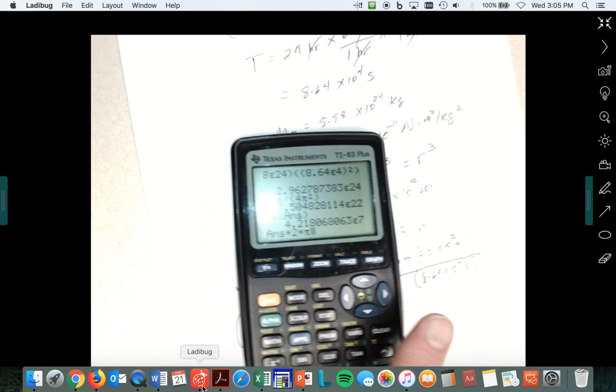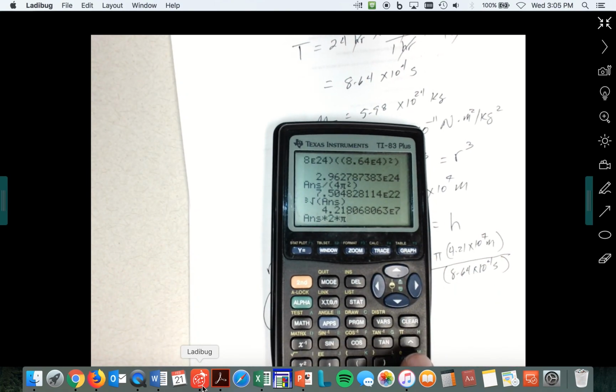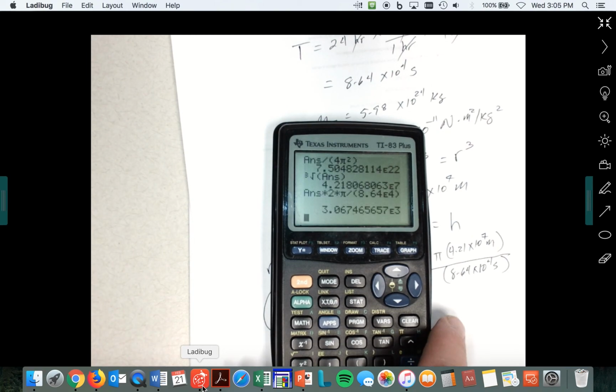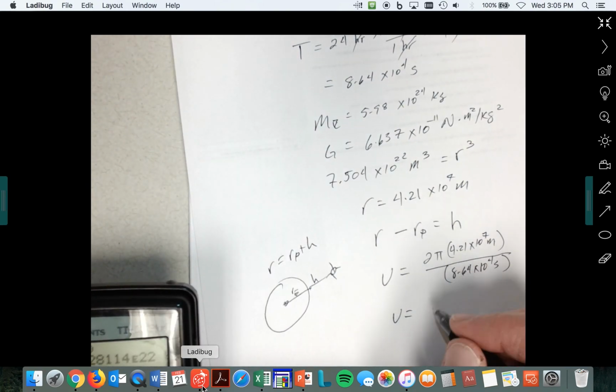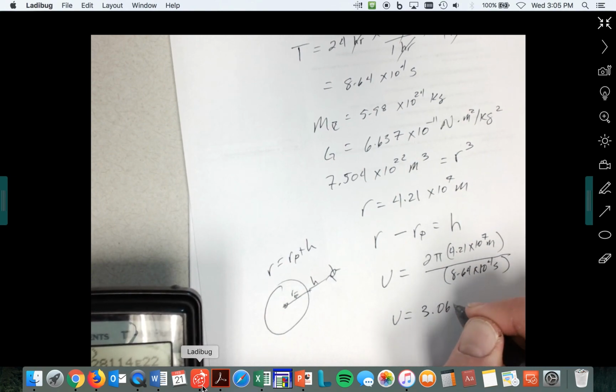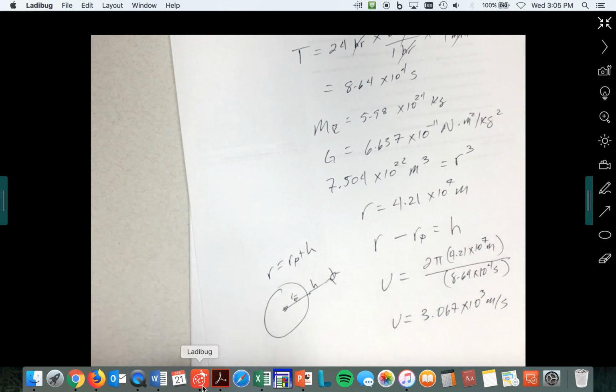So look what I'm doing. I'm taking the R that I got times 2 pi divided by parentheses 8.64 second E to the 4th. There it goes. So those dish satellites and stuff are up there buzzing around at about 3,000 meters per second.